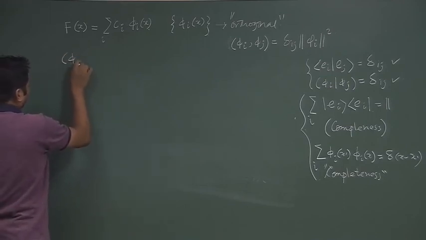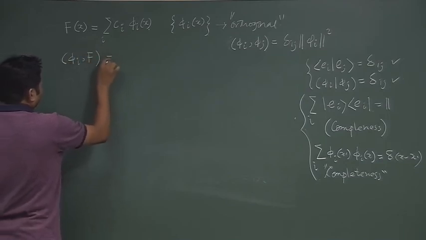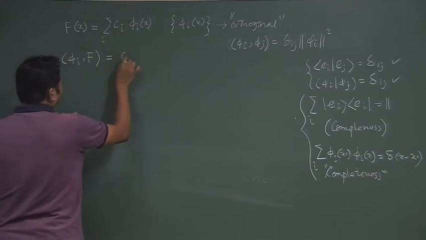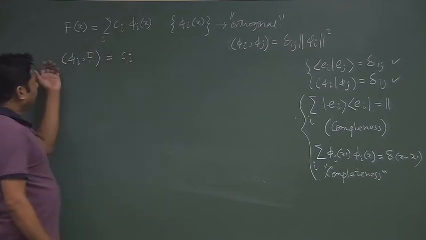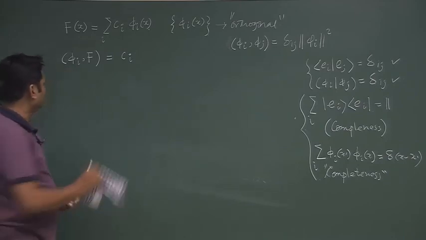So, I can readily figure that my Ci should be, if I integrate over, okay, let me do it in this way.